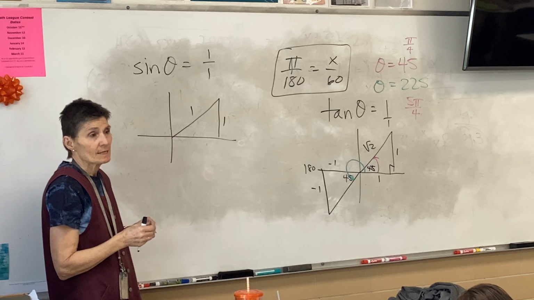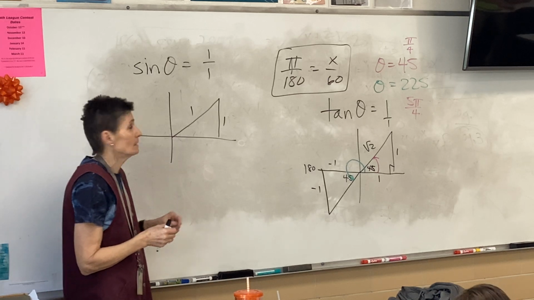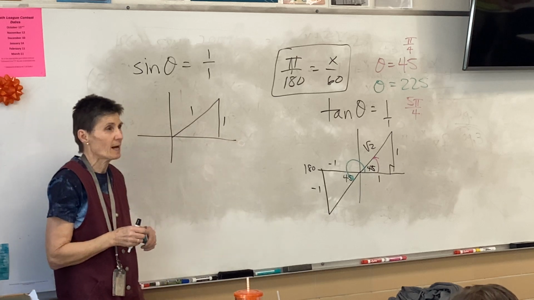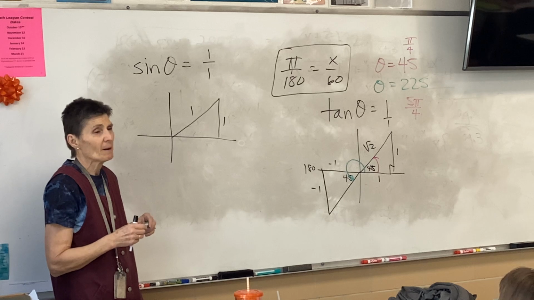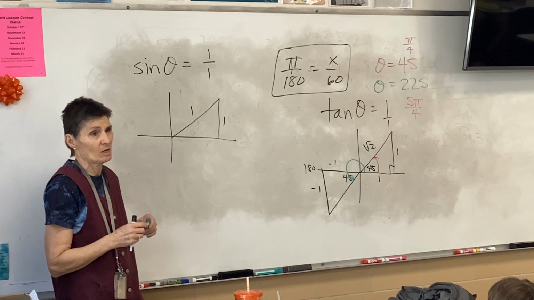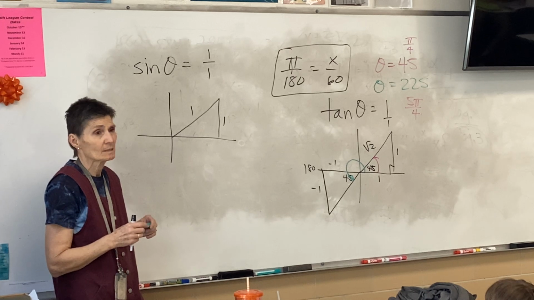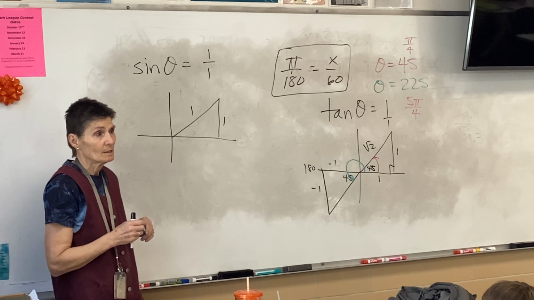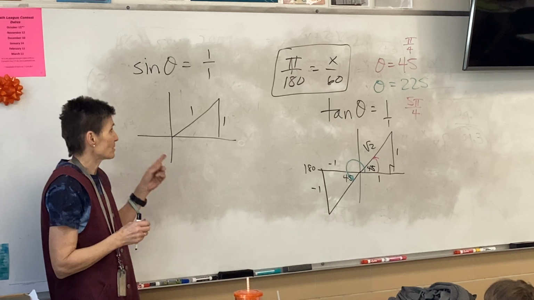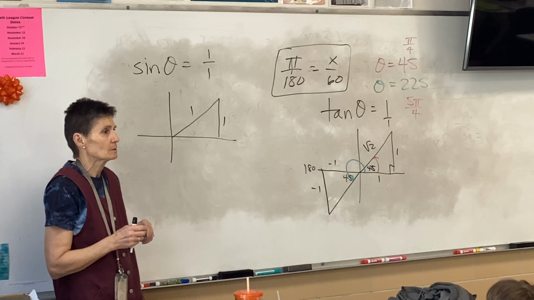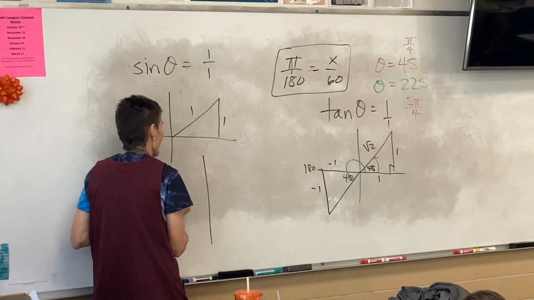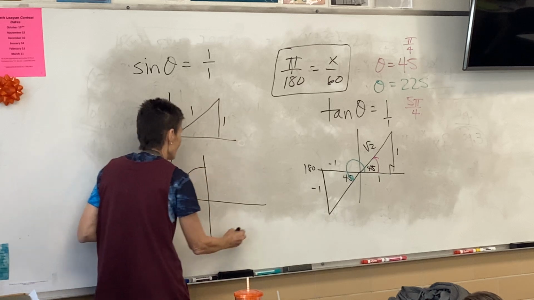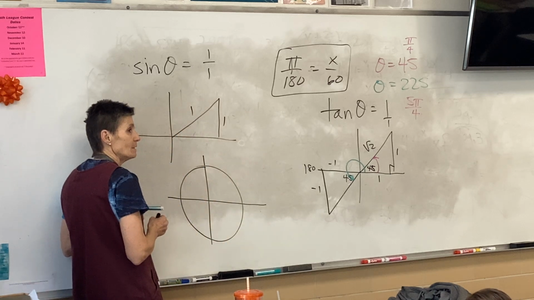Well, guys, can the hypotenuse be the same length as one of the sides? The hypotenuse is always the longest, always, in a right triangle. So that triangle's not possible. It's a circle. If the triangle's not possible, we look at our circle.